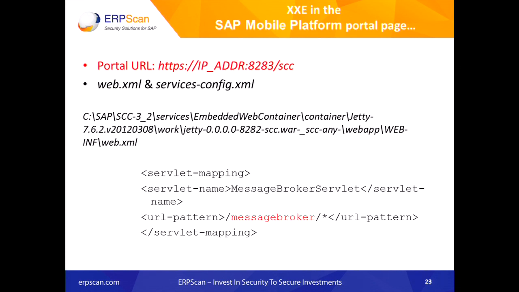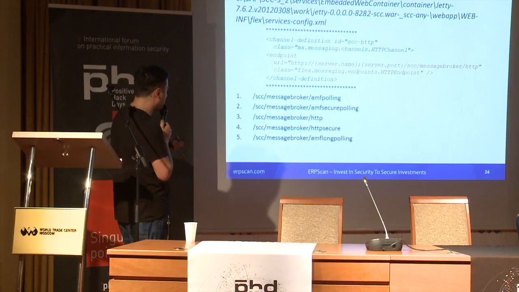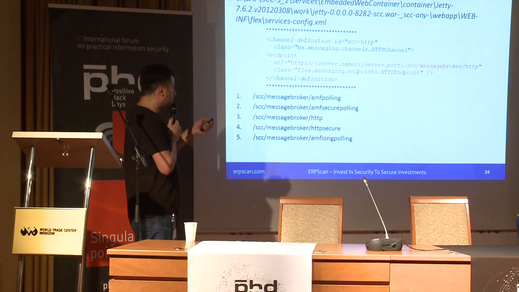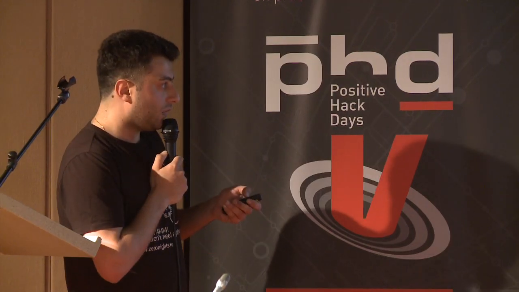So we don't know how to open this particular servlet and see which requests it receives and processes. Then we decided to search for a file with the name service config XML. We discovered this file, which contains this particular record, and this is its structure. It describes the name of the server, the port, and a full pathway to this particular servlet.